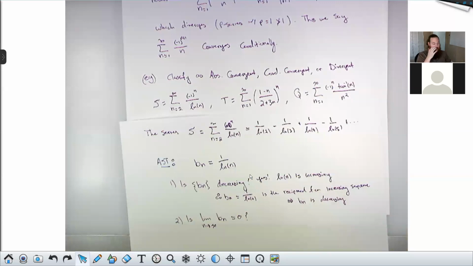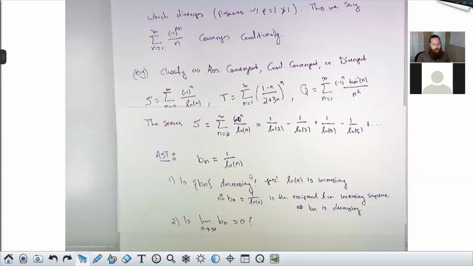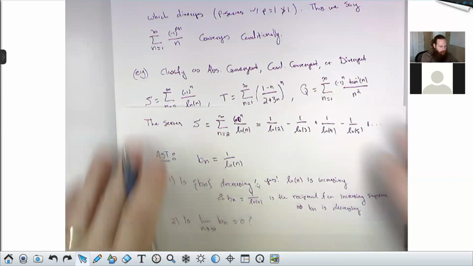An alternate attack to show that the BNs here are decreasing would be to show that the function f of x equals 1 over the natural log of x has negative derivative.